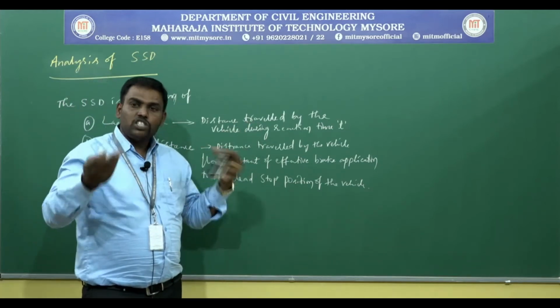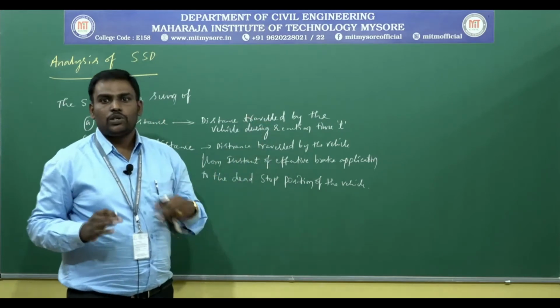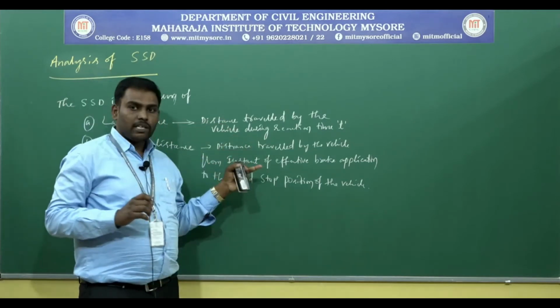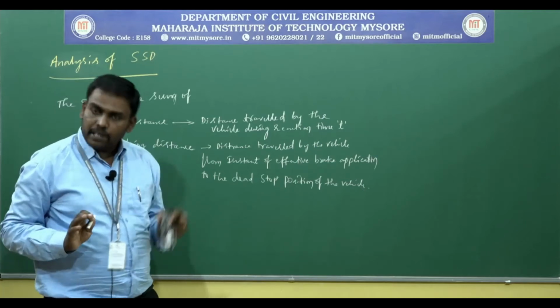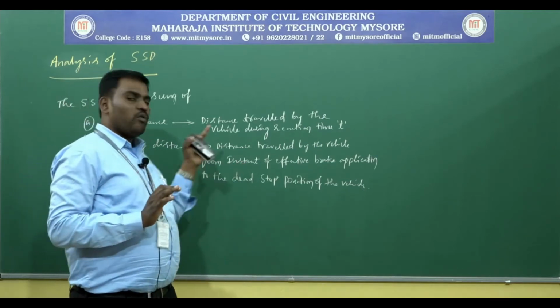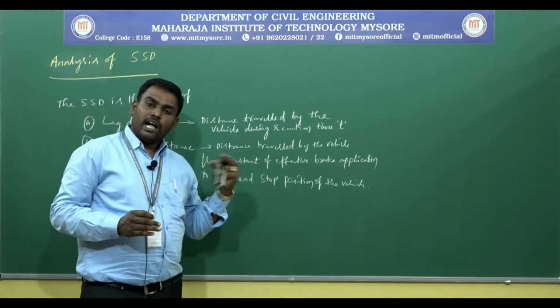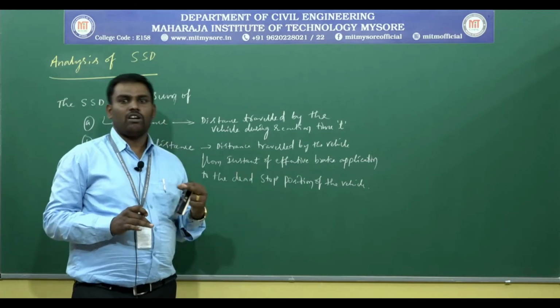Let's assume that during the reaction time he has decided to stop the vehicle. Then from the instant he applies the brake effectively to the vehicle coming to a dead stop position, some distance is covered by the vehicle. That distance is called braking distance.